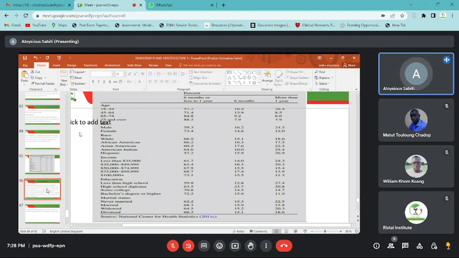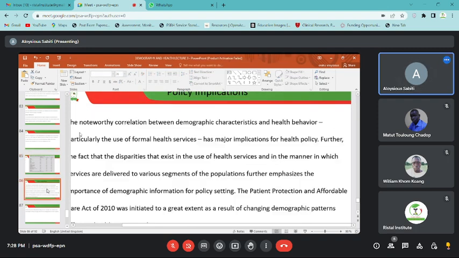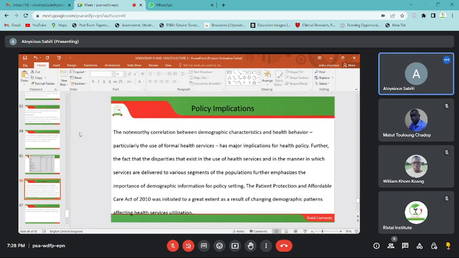So finally, we want to look at the policy implications. Worth noting is that the correlation between demographic characteristics and health behavior, particularly on the use of formal health services, has major implications for health policy. Further, the disparities that exist in the use of health services and in the manner in which services are delivered to various segments of the population further emphasize the importance of demographic information for policy setting.